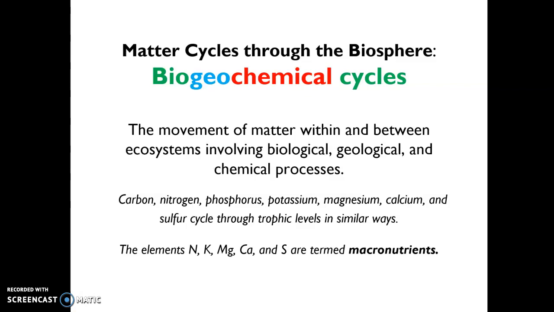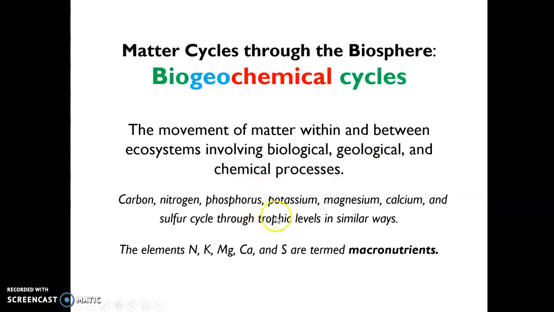So we're going to look at the main biogeochemical cycles and briefly describe how they work, but mainly the point of understanding how these cycles work is to understand how human beings have impacted these cycles, maybe making some occur more, some taking away from others. So we're looking at the movement of matter within and between ecosystems, which involve biological, geological, and chemical processes.